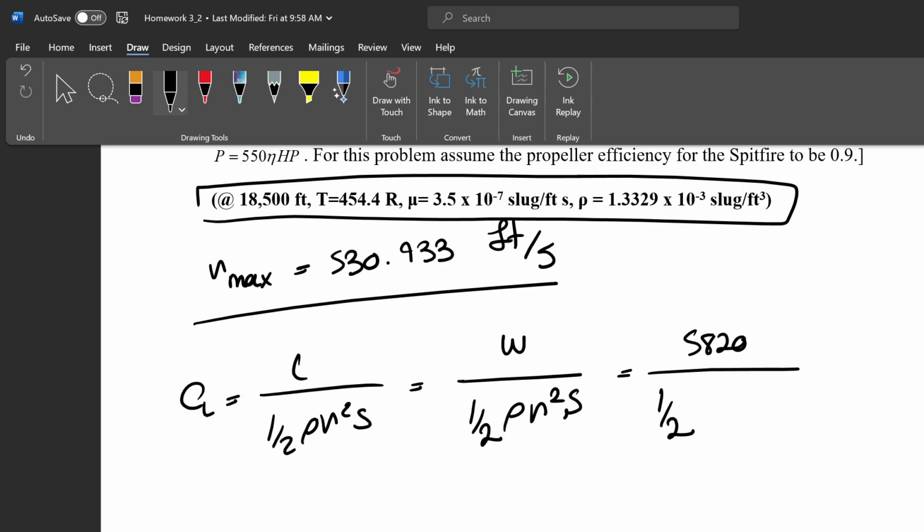So we have the density as 1.3329 times 10 to the -3 slugs per cubic foot, multiplied by 530.993, squared, multiplied by your wing area, which is 242 square feet. This calculation is going to give you 0.128 for the lift coefficient.